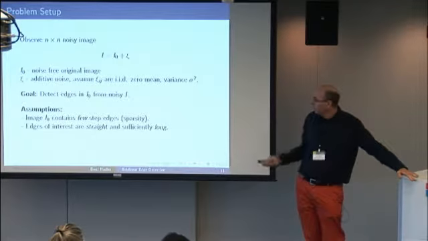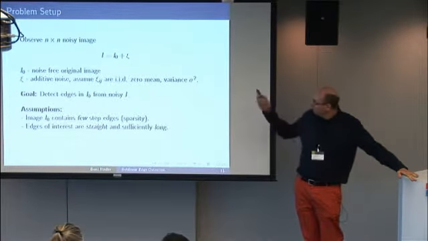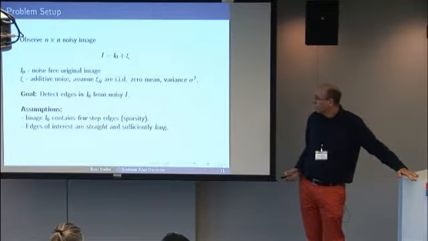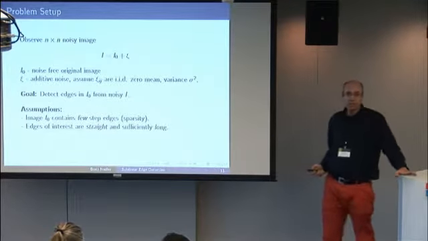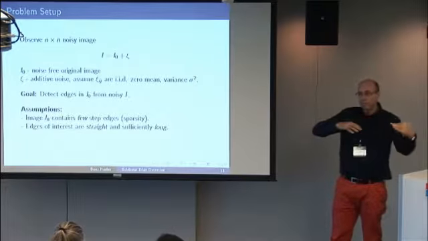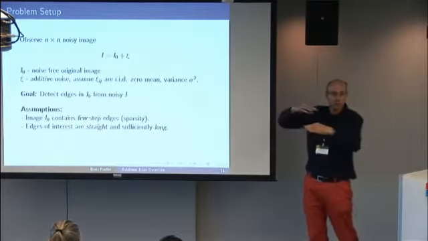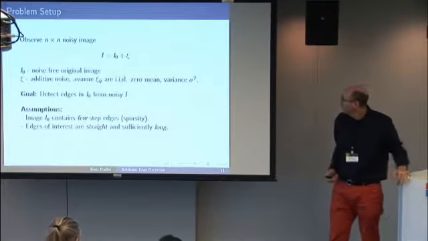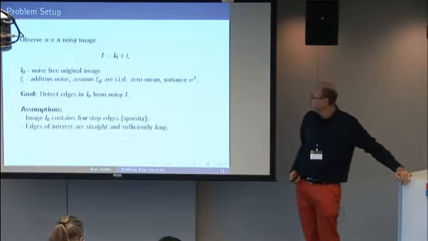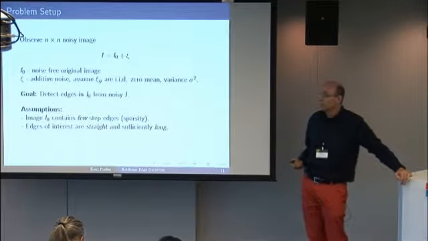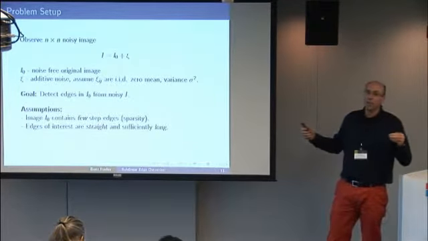And my assumptions are that my clean image contains only few step edges. A step edge is just that the intensity is one constant on one side of the edge and a different constant on the other side of the edge. So there's a sparsity assumption in there. A second assumption is that the edges that I'm interested in are straight and long.